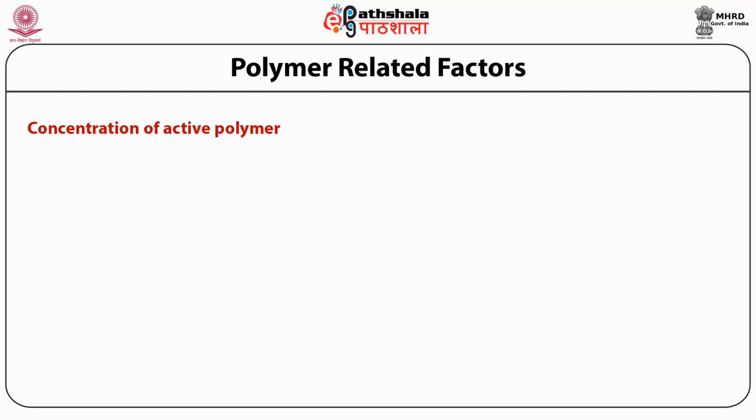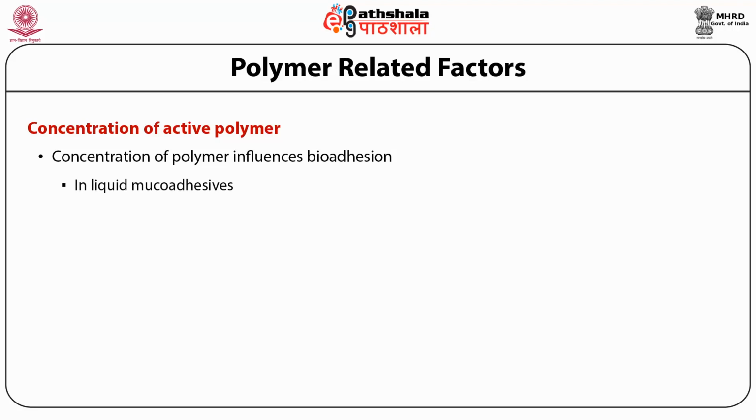Concentration of active polymer. It has been found that the concentration of polymer influences its mucoadhesion. Beyond an optimum concentration of the polymer, a significant reduction in the mucoadhesive capacity is observed.